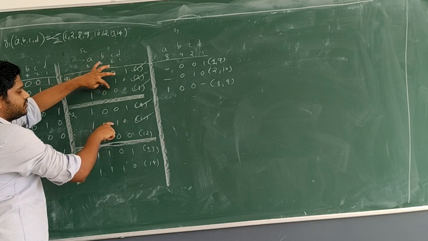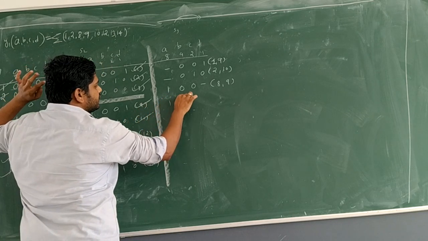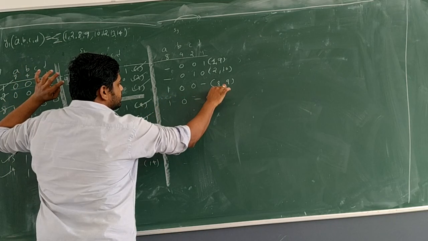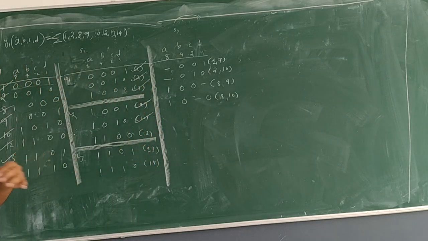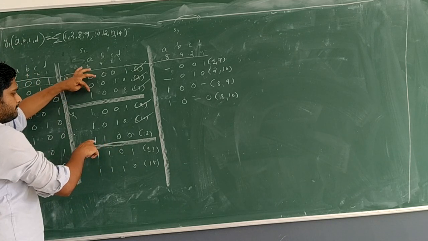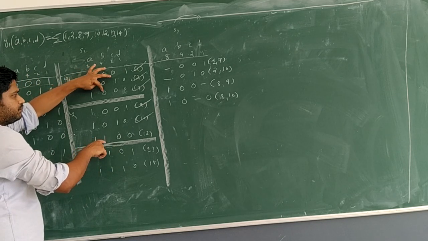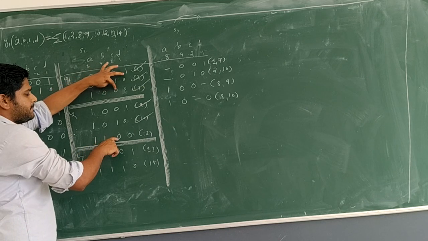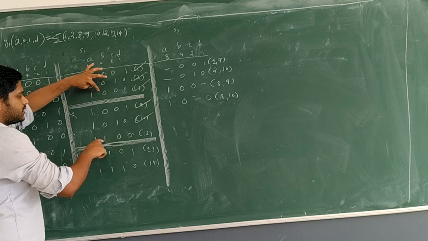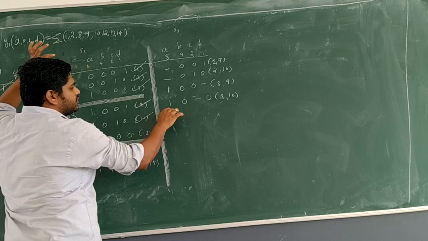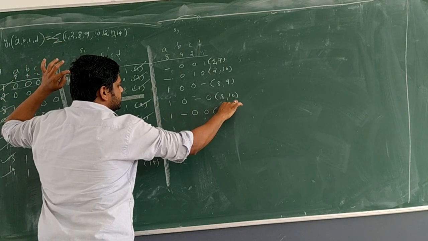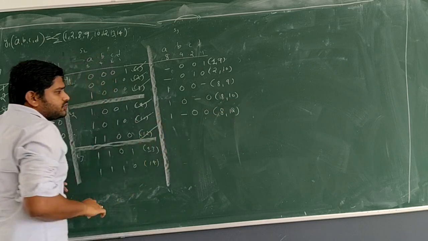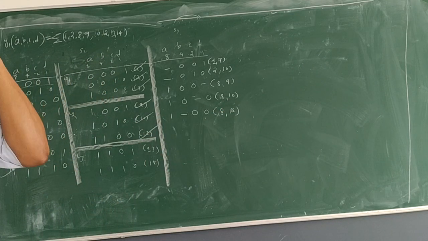So 1, 0, hyphen, 0, the group 8, 10. Both are already pass marked. 8 with 12: A same, B different, C same, D same. So 1, hyphen, 0, 0. That is group 8, 12.